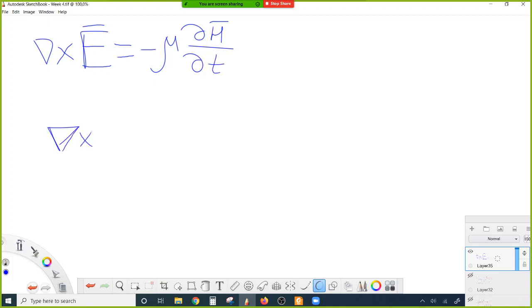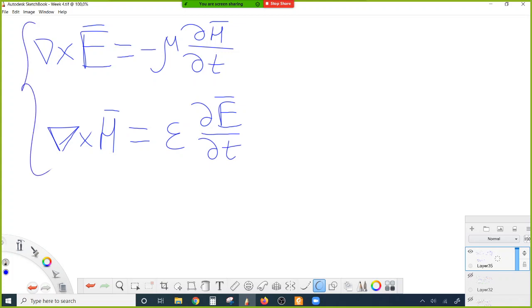Rotor of magnetic field intensity H is equal to dD over dt, so epsilon dE over dt. So we have a system with two equations.